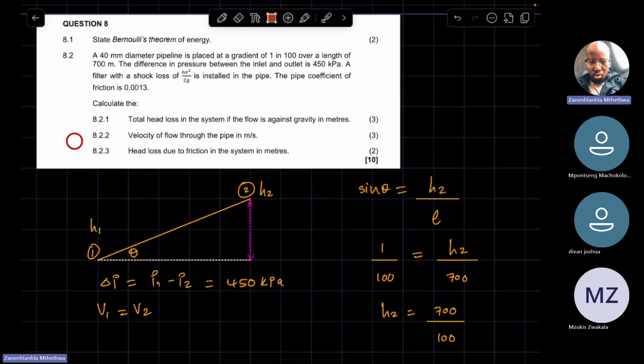So when they ask you to calculate the total head loss, essentially what that is, is the energy per unit mass. That is what it is. So when they want you to calculate the total head loss, they want you to calculate the total losses in the system from the perspective of the energy per unit mass.